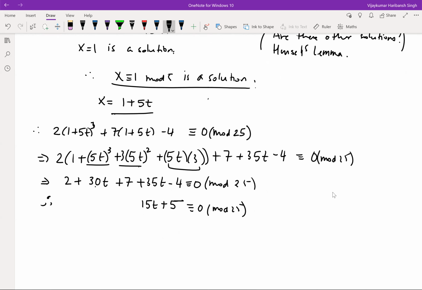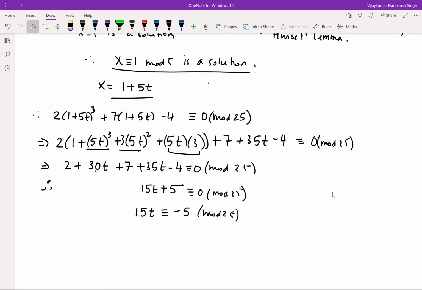Let's bring this on the other side. We get 15t is congruent to minus 5 mod 25. Now we'll again use the cancellation property. Your c is 5. If you apply the cancellation property, you get 3t is congruent to minus 1 mod 25 divided by 5.